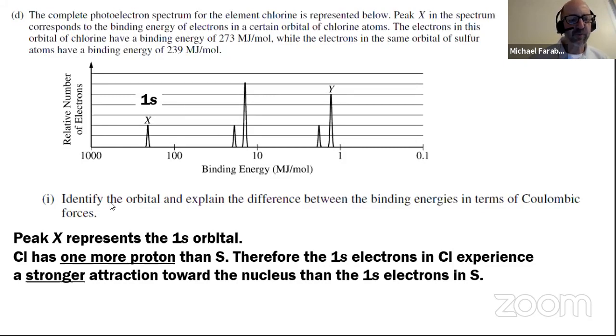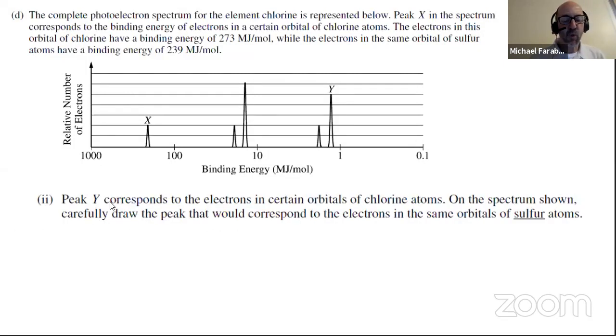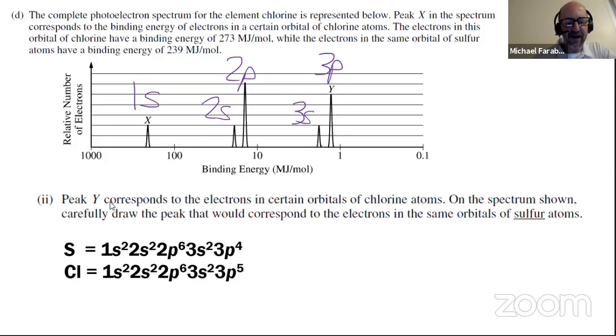And now we're on to part II of this question. They're talking about peak Y. So again, we talked about how this is 1s, 2s, 2p, 3s, and then right here would be 3p. So peak Y corresponds to the electrons in certain orbitals of chlorine atoms. On the spectrum shown, carefully draw the peak that would correspond to the electrons in the same orbitals of sulfur atoms.